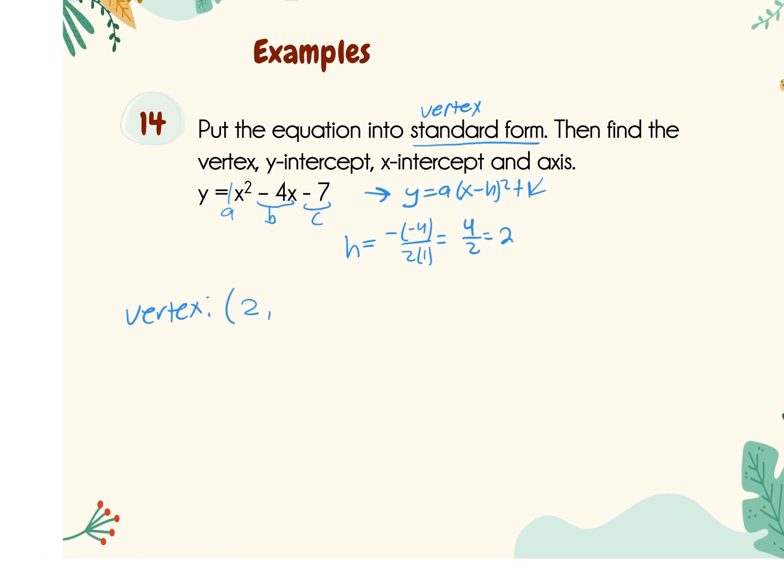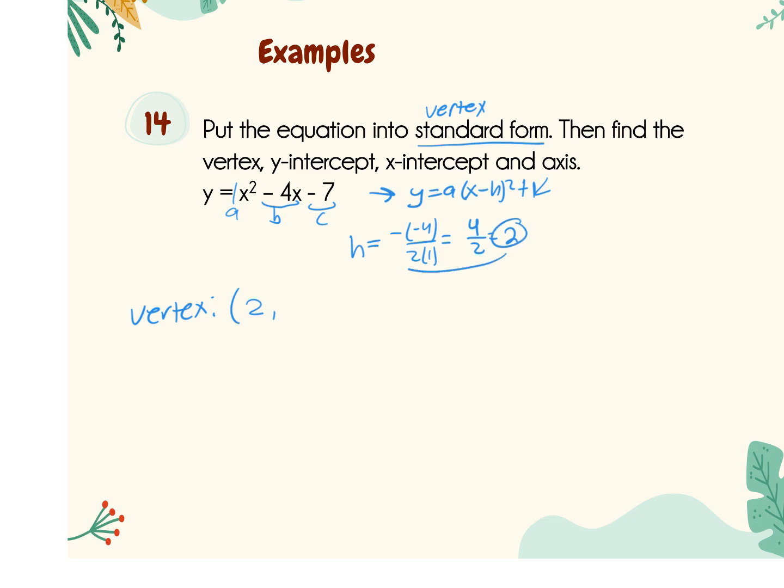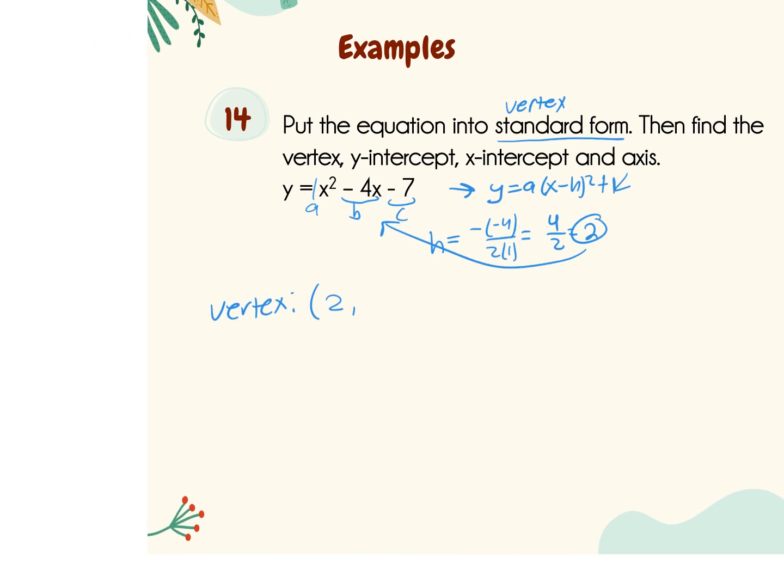To find out what that something is, you're going to plug into that function right there, right? So then this is going to be 2 squared minus 4 times 2 minus 7. So it's going to be 4 minus 8 minus 7. So negative 4 minus 7. So we get negative 11, right? So I get 2 comma negative 11 for the vertex.